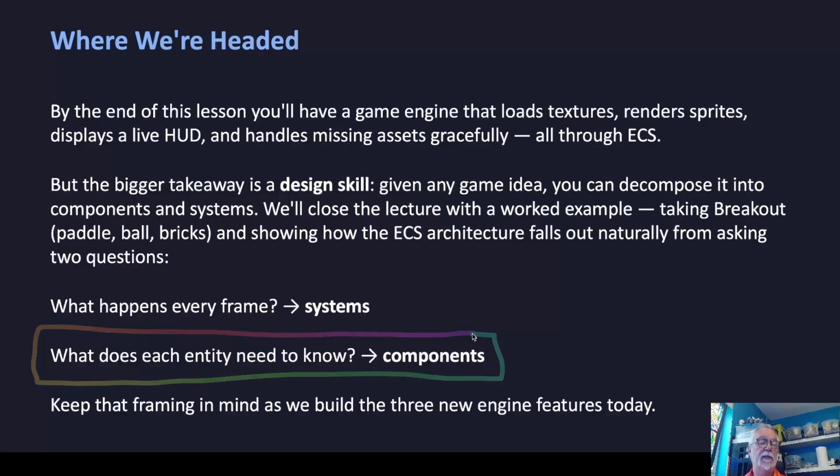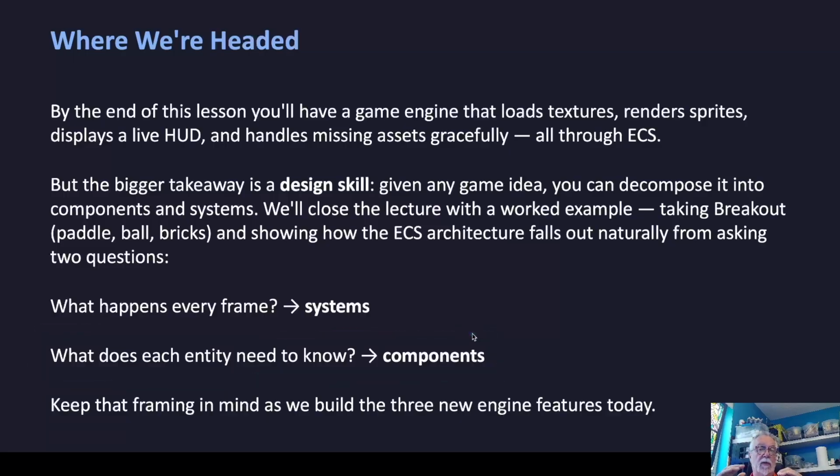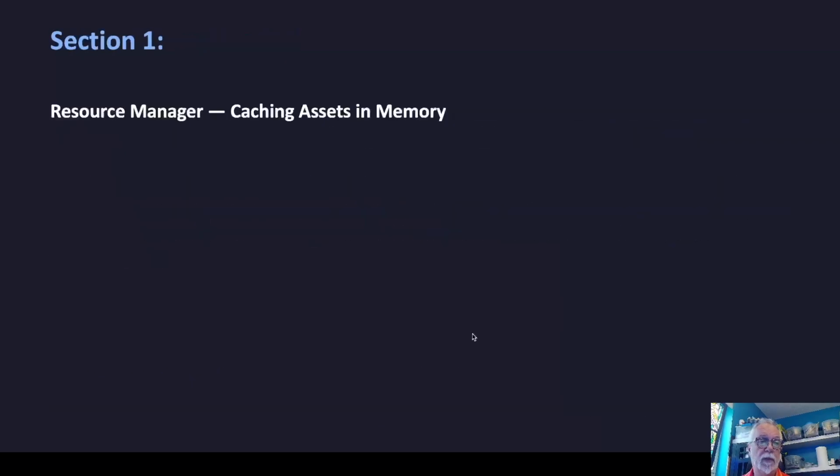Again, that's that spreadsheet thing that we had, where each entity is a row, and the systems are code that operate on those entities, and then the render system takes all of those rows and displays them to the screen. So that's what I want you to be thinking about as we head into this class today.